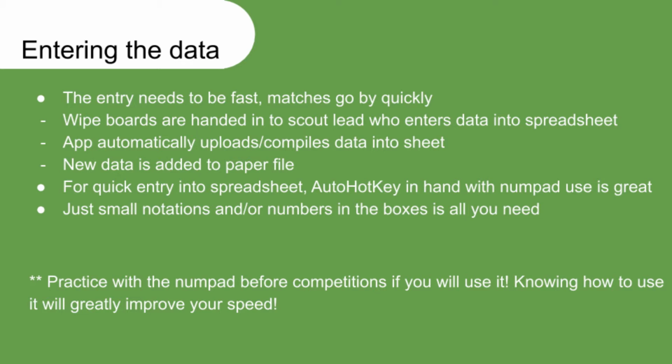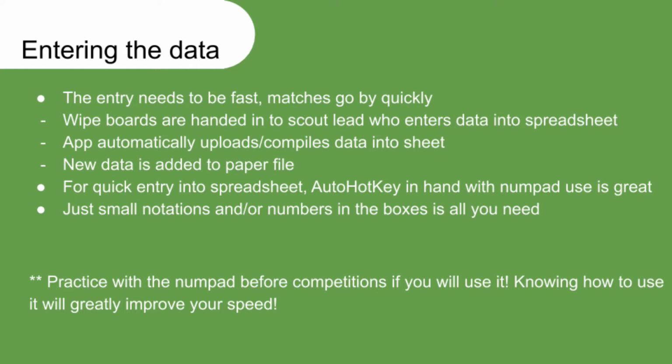What's great for entering data into the spreadsheet, at least if you're using the whiteboard to computer method, is AutoHotkey. It's a program where you can set keys on your keyboard to be different keystrokes. Maybe M is Control Shift or something like that. And if you use that in hand with the numpad on the right, it's great. It's super fast.